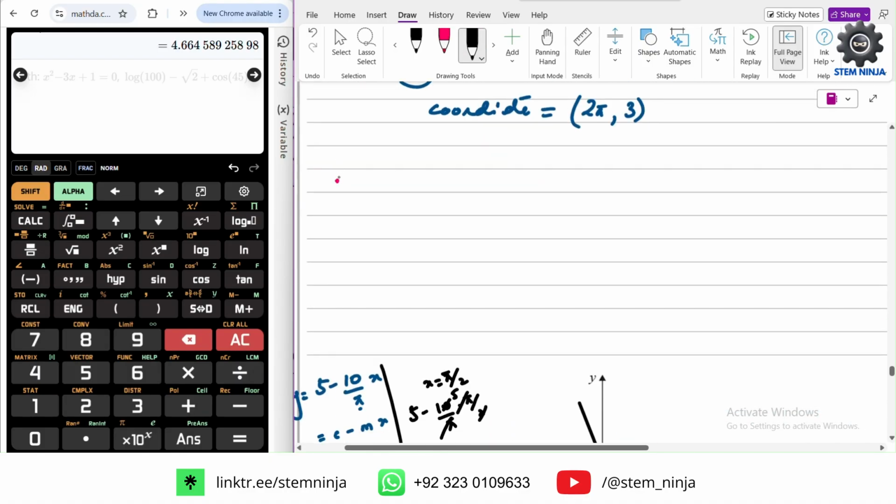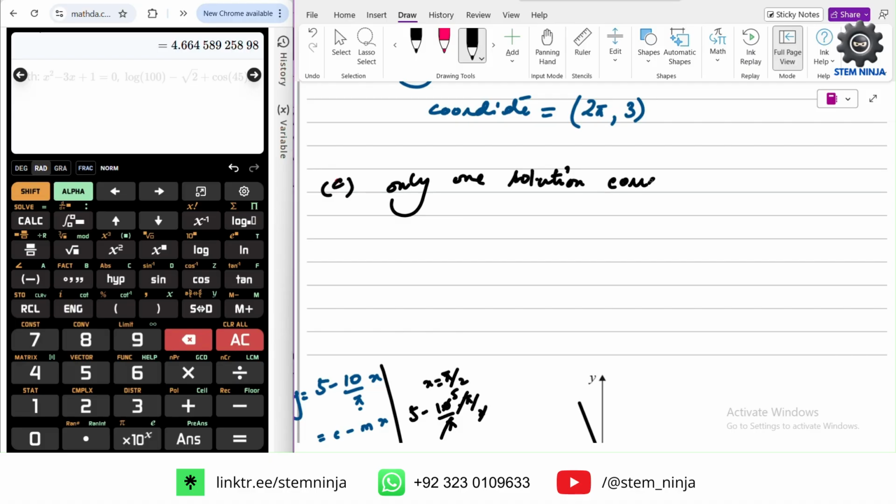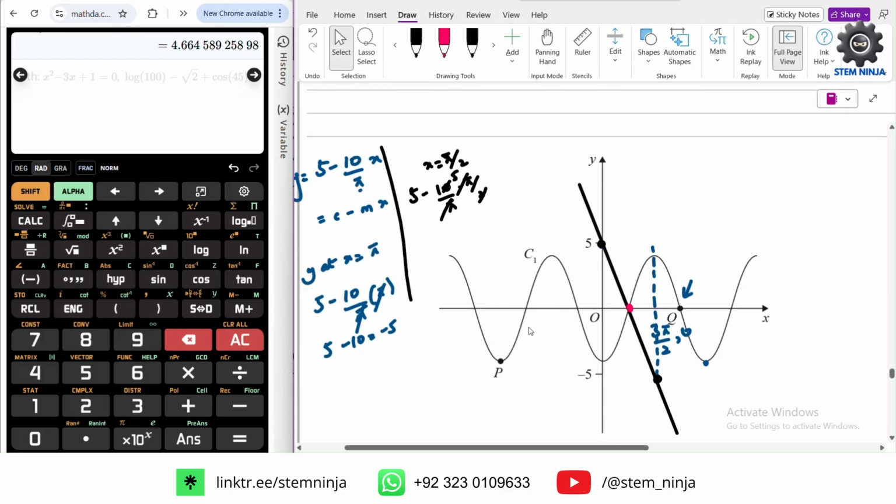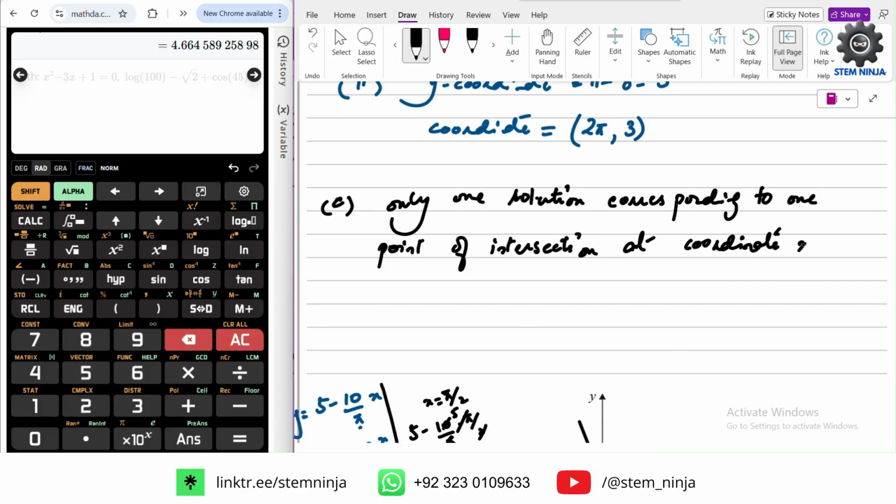C. Only one solution corresponding to one point of intersection at coordinate, and the coordinate was x is equal to pi by 2, 0. That's it.